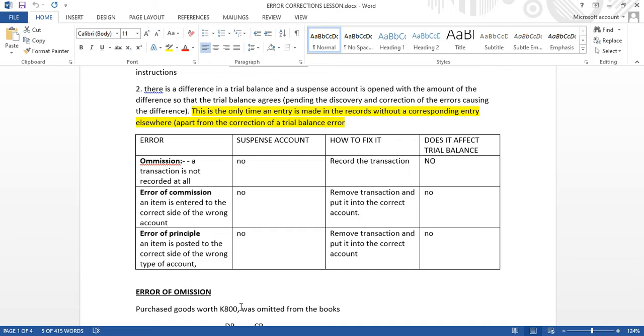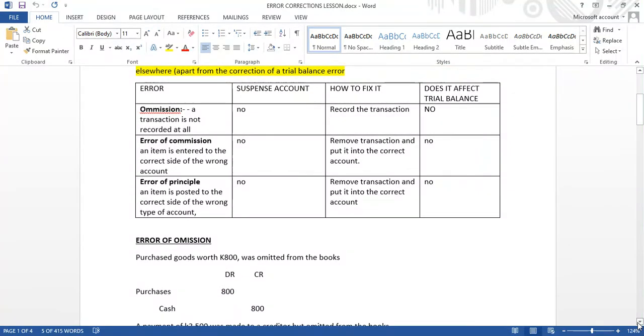And purchases, since it's an expense, expenses increase with debit. Just remember every time you have an expense, the rule of thumb is debit. So here's the journal entry: you debit purchases and you credit cash. And that's how you have fixed that error.